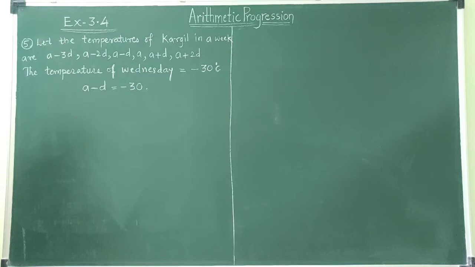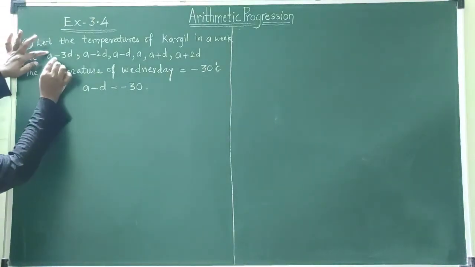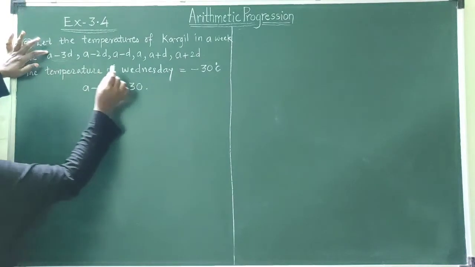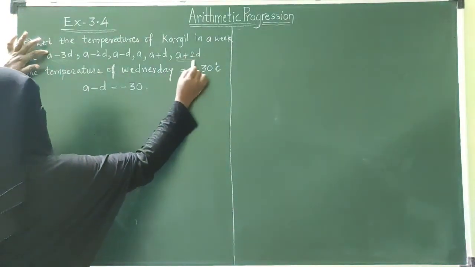Now the second condition is given: the sum of temperatures of Monday and Saturday was 5 more than the sum of temperatures of Tuesday and Saturday. It is the temperature of Monday. It is the temperature of Saturday.